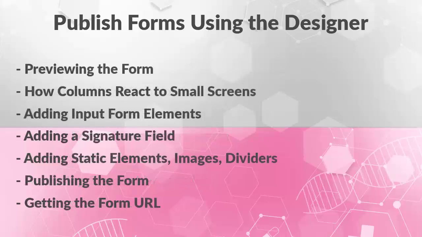In addition, we'll be previewing a form that we've made and looking at how columns react to different screen sizes, specifically mobile versus desktop, adding input form elements, adding signature fields to the form, also adding static elements like images, dividers, headers, and then finally publishing the form and getting the form URL. So let's get started.